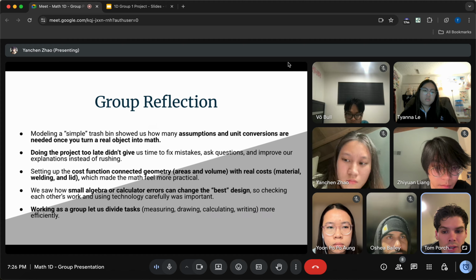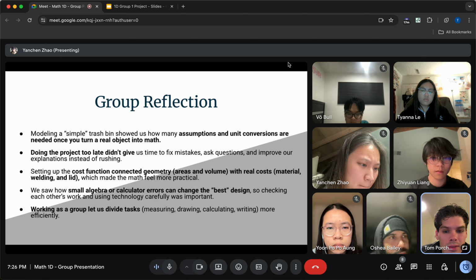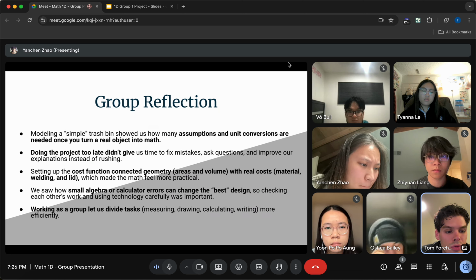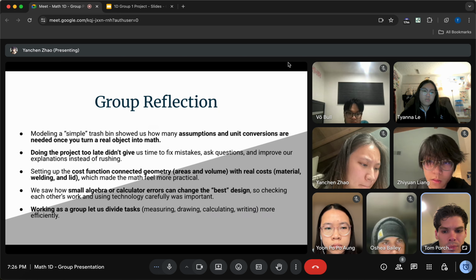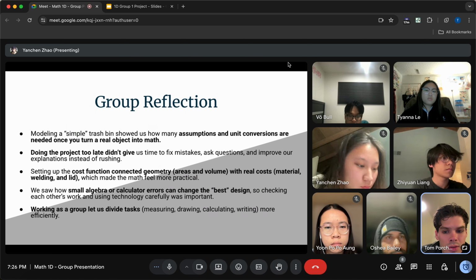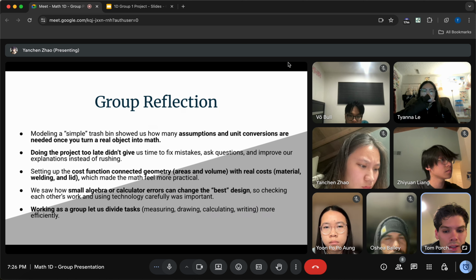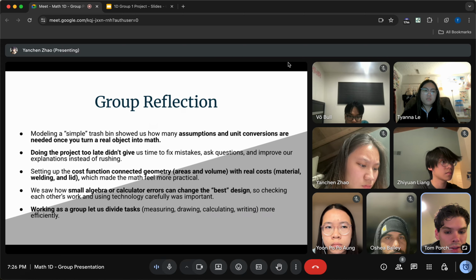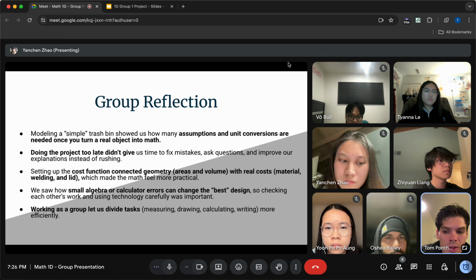Also, doing the project too late didn't give us time for everyone to check everyone's work. Another thing is that setting up the cost function connected geometry with real costs, which made the mathematical modeling more practical. We also saw how small algebra or calculator errors changed our best design.